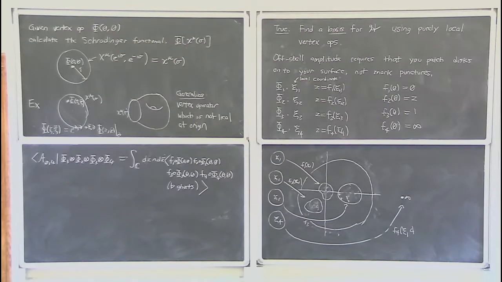Okay, so this is the proposal for how we should define an off-shell 4-point amplitude.